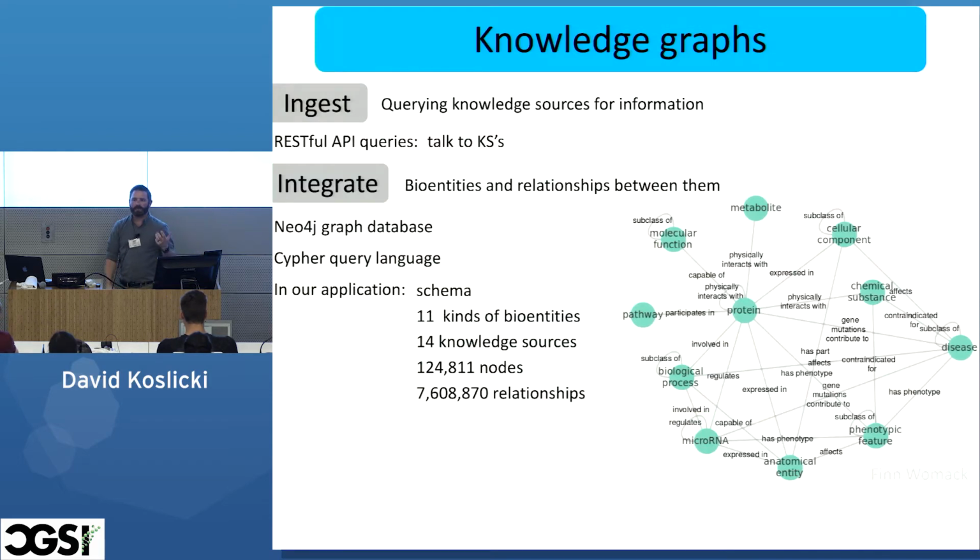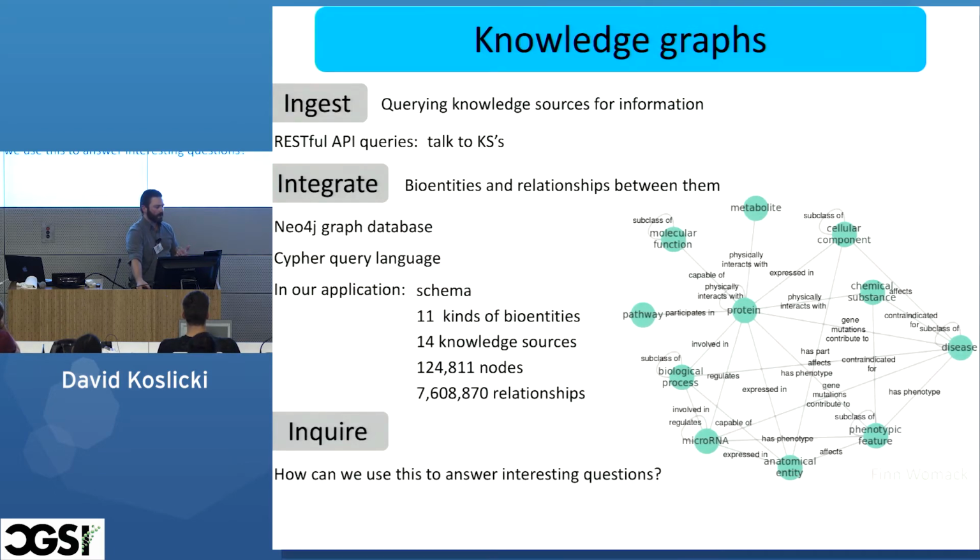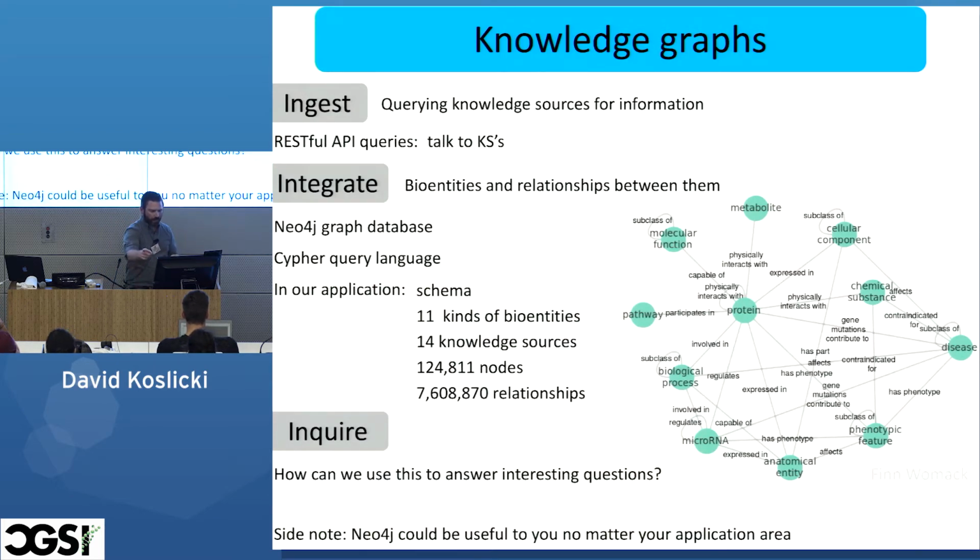Nice thing is Neo4j can handle an arbitrarily large number of nodes, limited only by your disk space because everything is memory mapped. But then, after you've ingested and integrated, you want to ask questions of this, you want to inquire. So how can we use this to answer our interesting questions? Note, by the way, even if you're not doing one of these really large integration sorts of projects, Neo4j could still be useful to you.